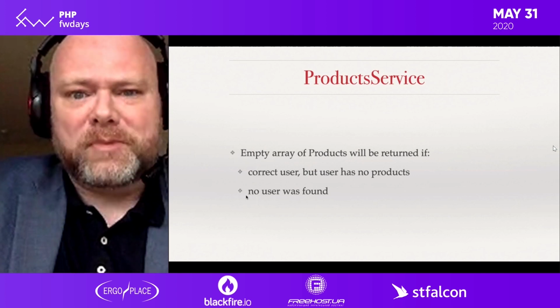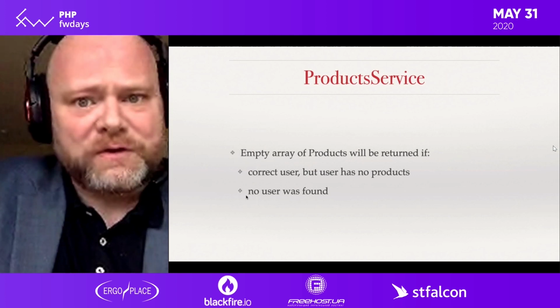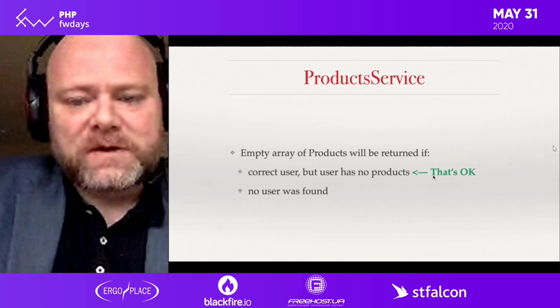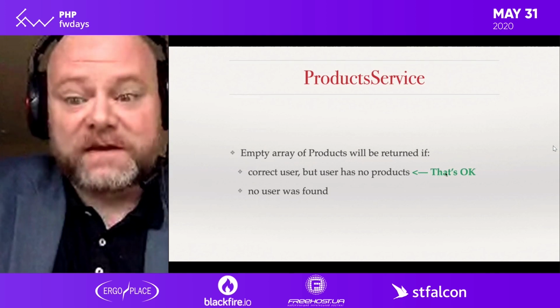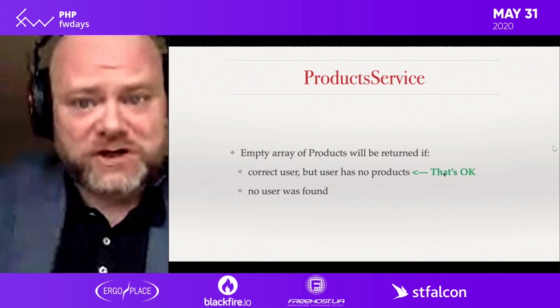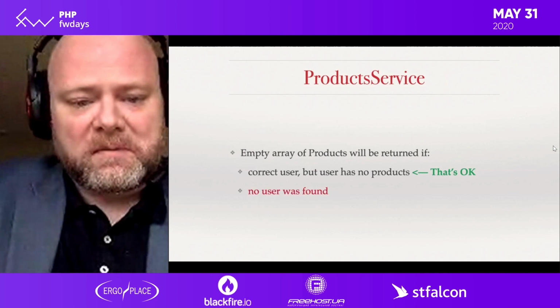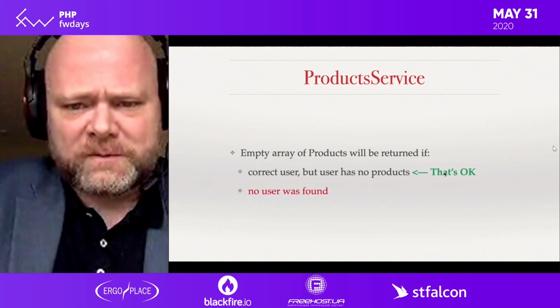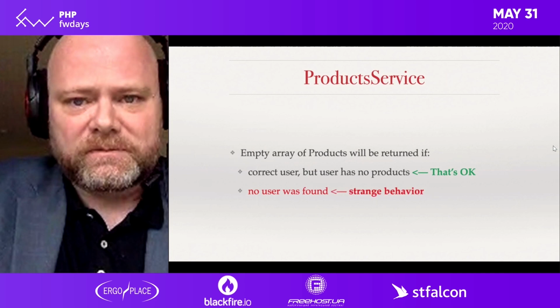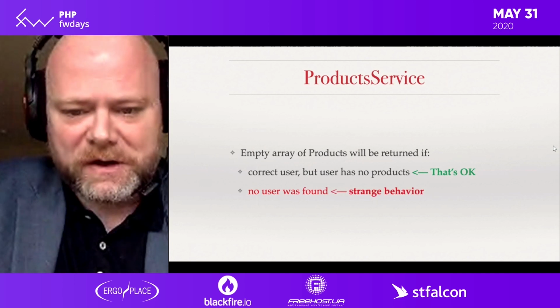But the second use case is if no user was found. So yes, this first case is okay. That's a legitimate use case. But this right here, no user was found, that's really strange behavior. It's not good.